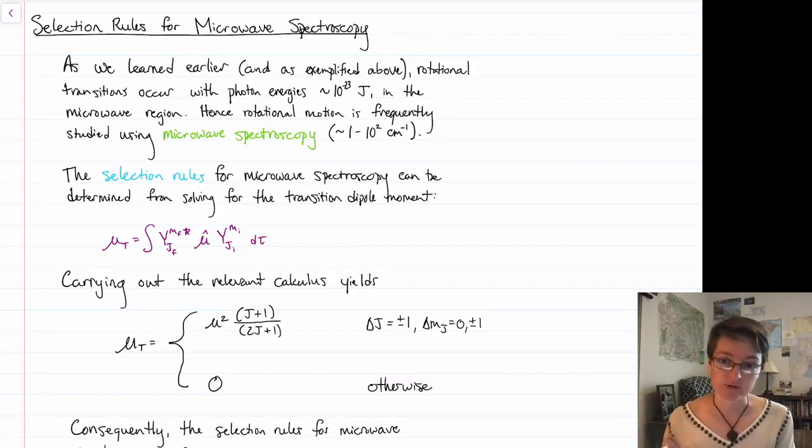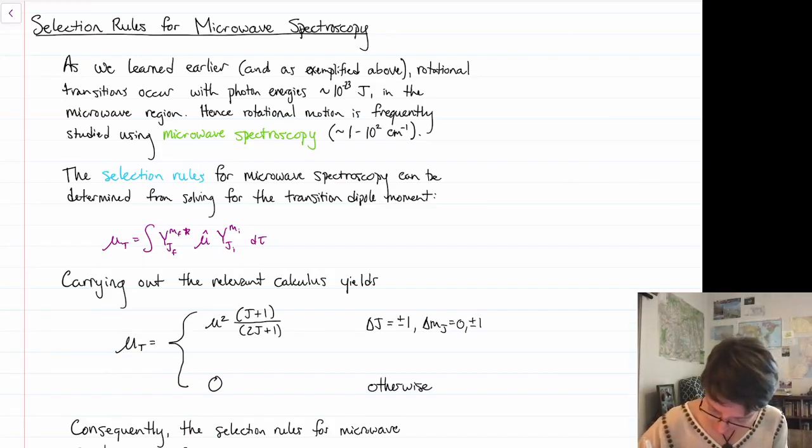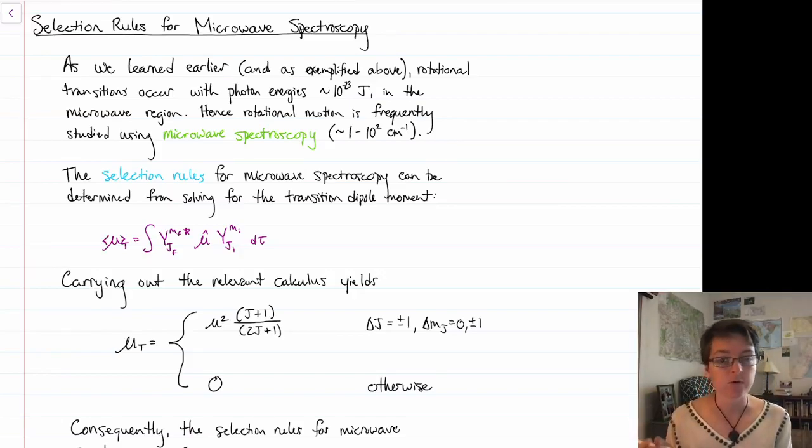Just like with vibrational spectroscopy, to solve for the selection rules of microwave spectroscopy, we have to solve for the transition dipole moment. And that transition dipole moment is given, just like before, with the wave function for the final state, complex conjugate, times the quantum mechanical operator for the dipole moment.